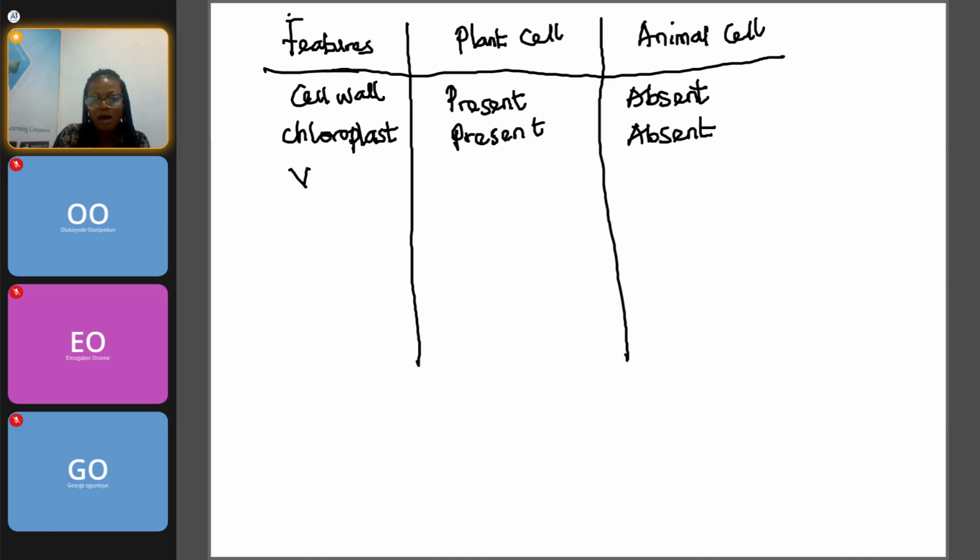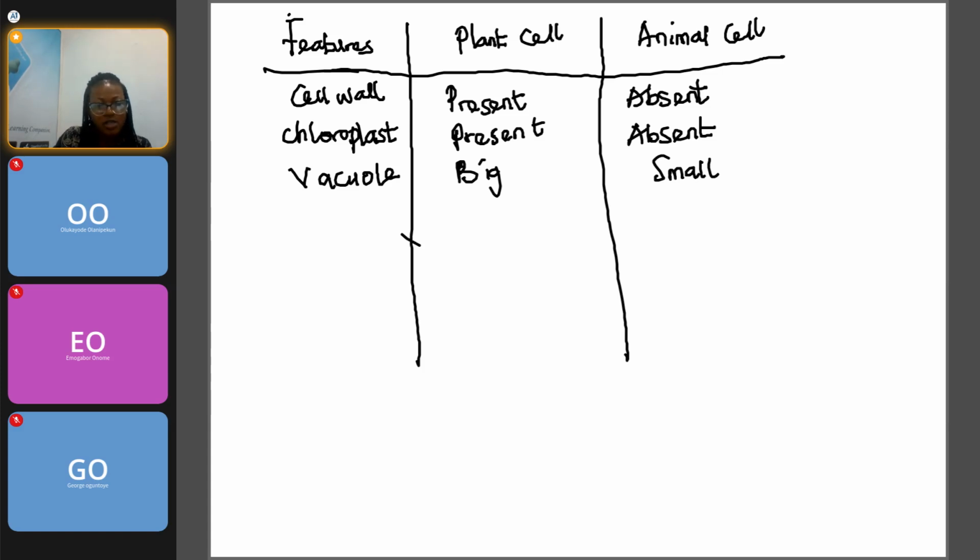Okay, so we also have the vacuole. Remember what we have in the diagram? In the plant cell, the vacuole is big, right? And in animal cell, the vacuole is small. So here, you put it as big and small for animal cell.